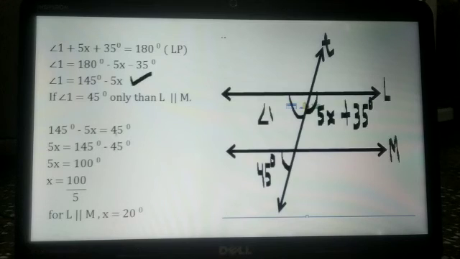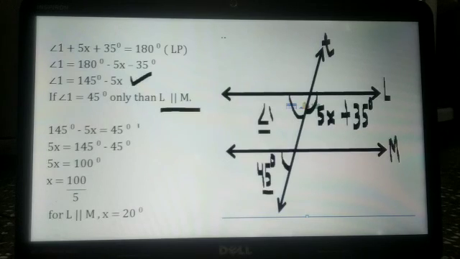Now here angle 1 equals 45 degrees, only then line L will be parallel to M because these two angles are a pair of corresponding angles. So put the value of angle 1 here. It is 145 degrees minus 5x is equal to 45 degrees.